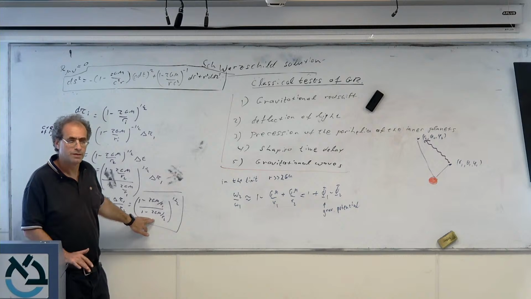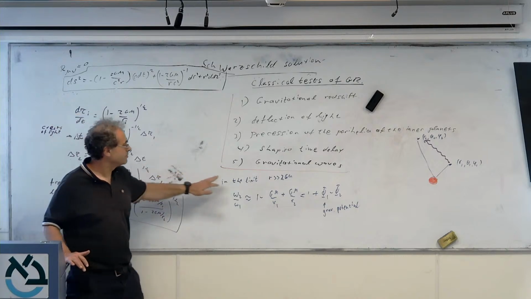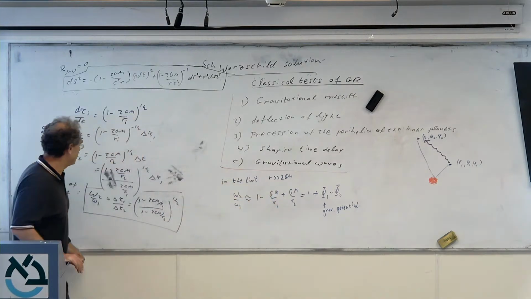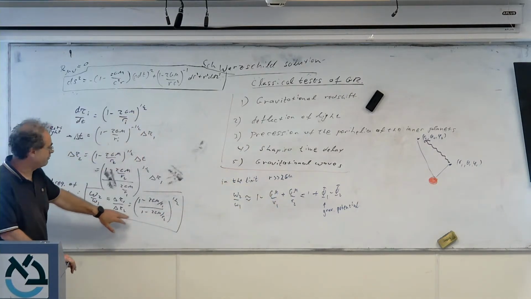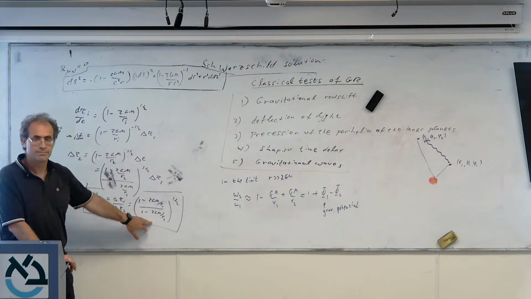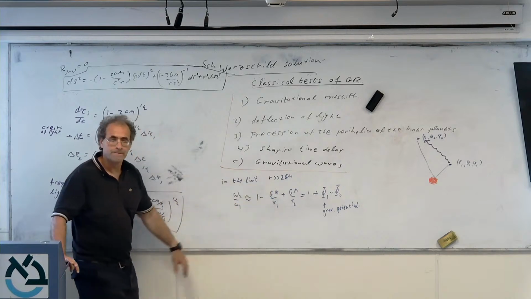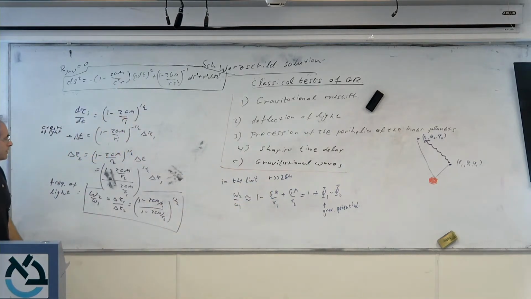In the weak field limit, we just use that approximation. Now this is the correct formula, which is true for every radius, not just for that limit. Now you can see where it comes from. Okay, that answers the question?